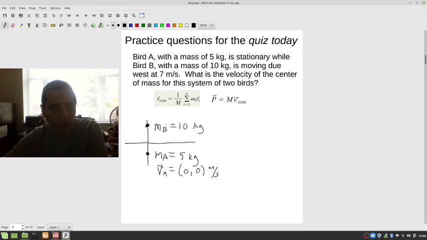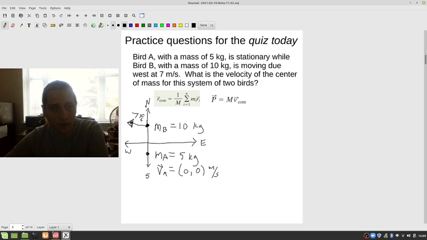But he's moving due west at 7 meters per second. So 7 meters per second that way. I've done this as a north-south, east-west type of drawing.